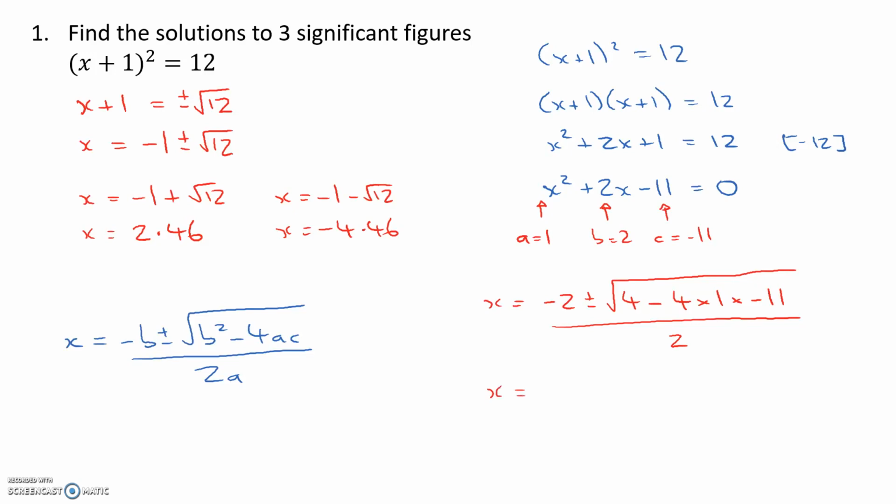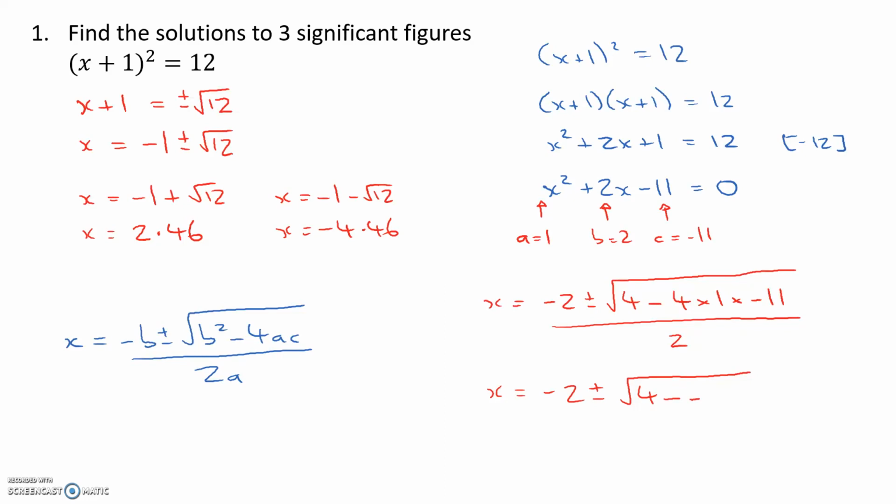Let's do some simplifying. We've got x equals negative 2 plus or minus the square root of 4 subtract 4 times 1, which is 4, times negative 11 is negative 44.